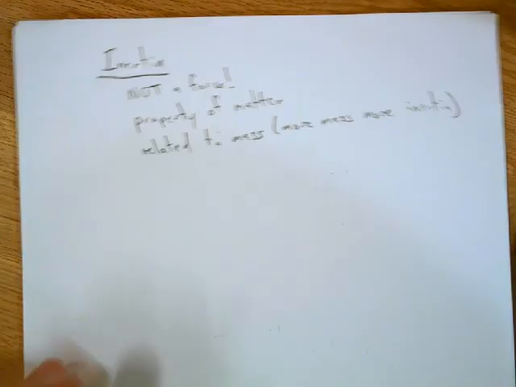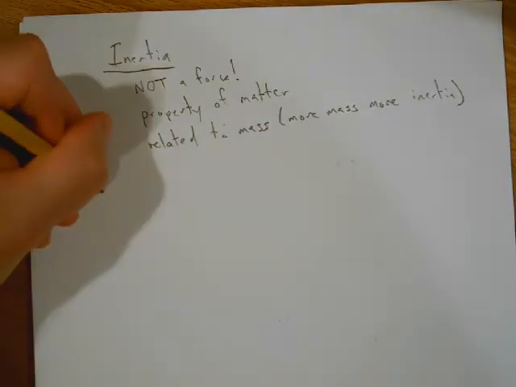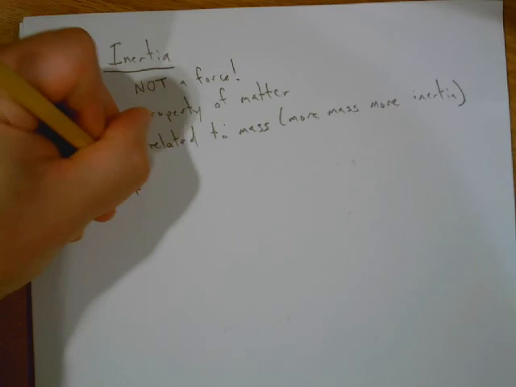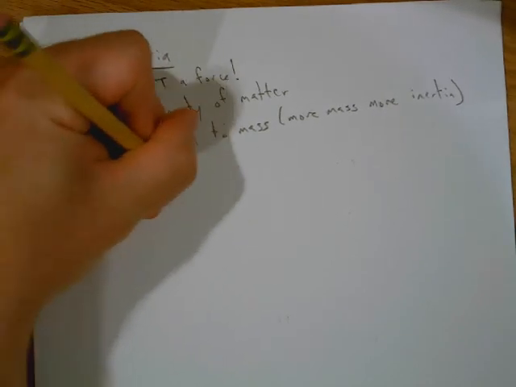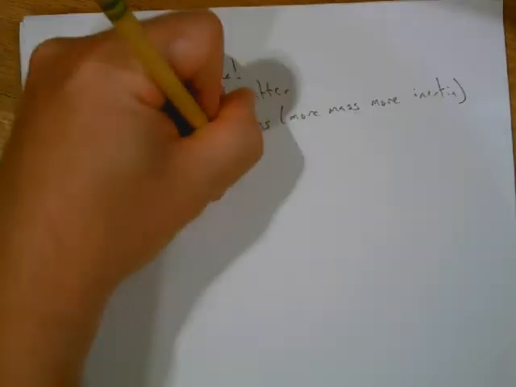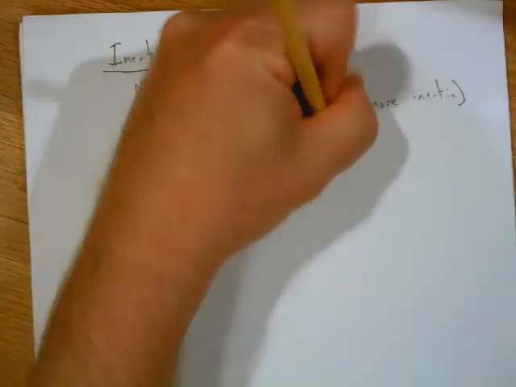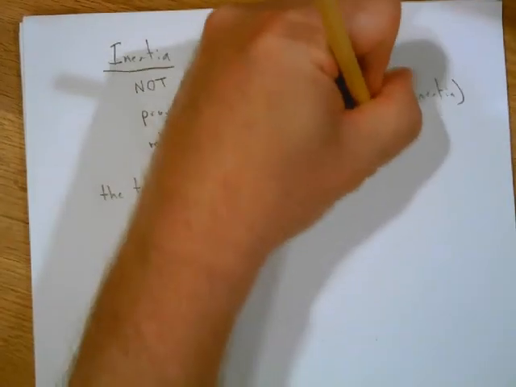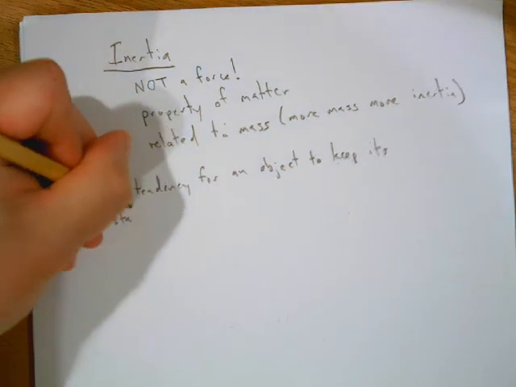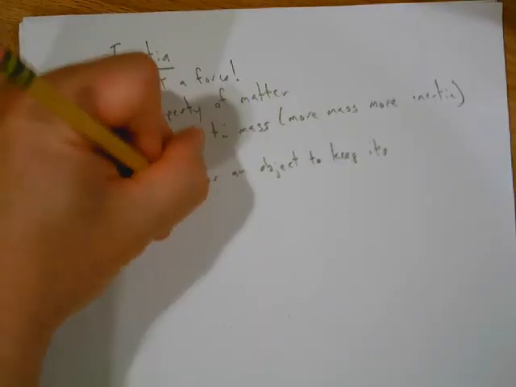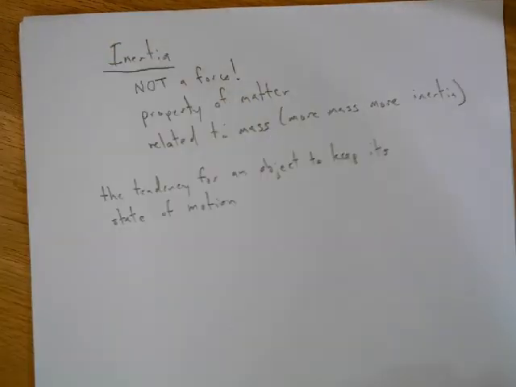Okay. So let's talk about what inertia actually is. Inertia is the tendency for an object to keep its state of motion.